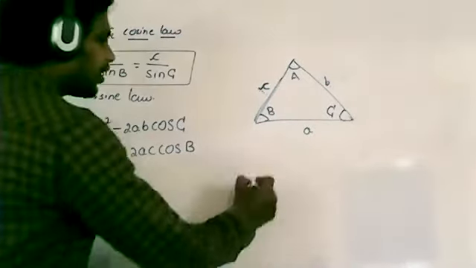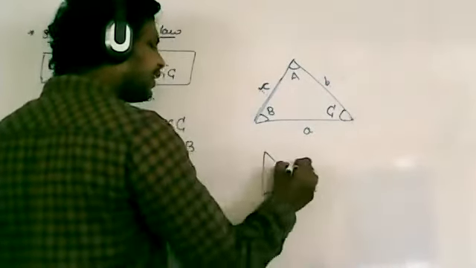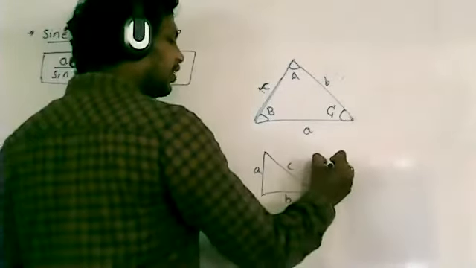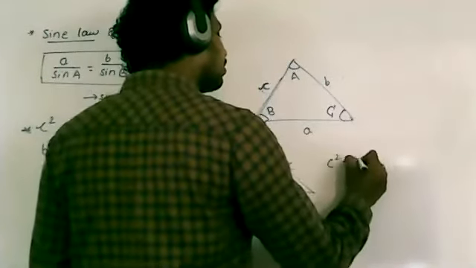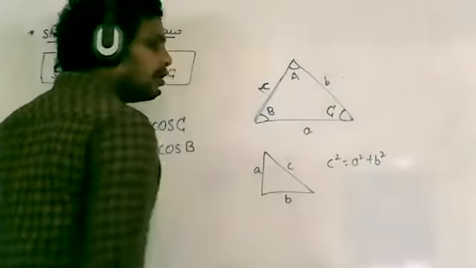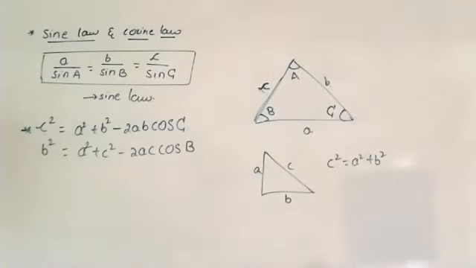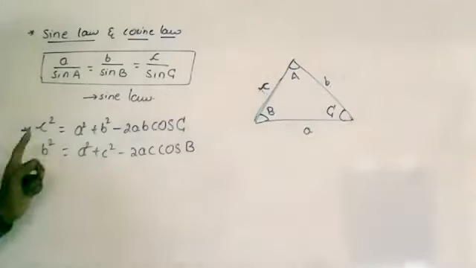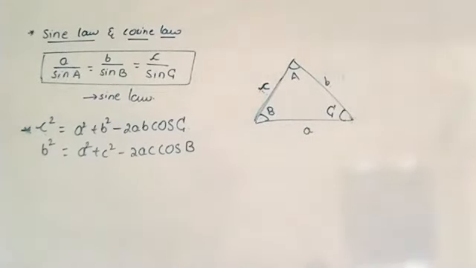Clear? Actually, if you take a right angle triangle, if I take this as a, this as b, and this as c, then c square is equal to a square plus b square. That's it. But it need not be a right angle triangle, we can take any triangle. You can apply this formula for any triangle.